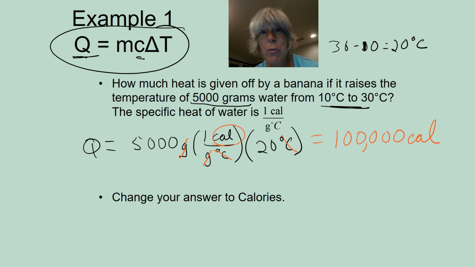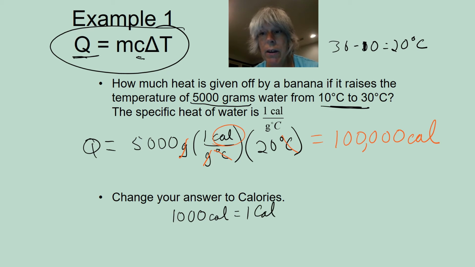To change these to American food calories, what we do is realize that there are 1,000 little c calories in 1 capital C calorie, and then we use that as a conversion factor.